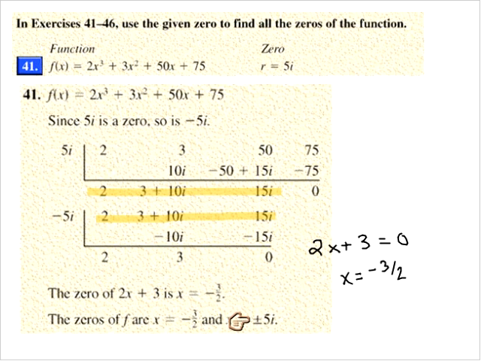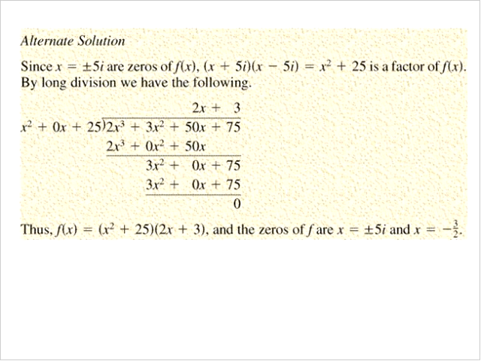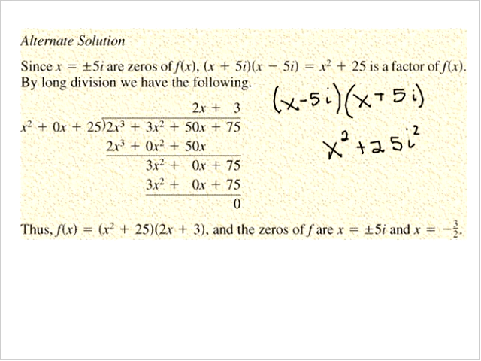Now, if that was confusing, there is another way that you can do this. All right, you can say that I have x plus 5i and x minus 5i. So let's FOIL that and see what I get. Well, that's x squared, the middles drop out, minus 25i squared. Remember, i squared is the same thing as negative 1.